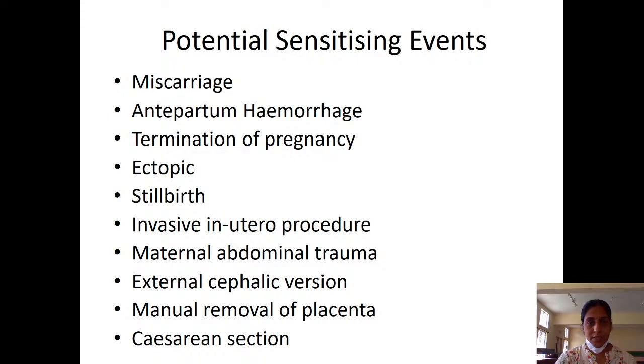Miscarriage, whether medical termination or spontaneous abortion; any antepartum hemorrhage like abruption of placenta or placenta previa; termination of pregnancy; ectopic pregnancy; hydatidiform mole; stillbirth; any invasive in utero procedure like amniocentesis or chorionic villus sampling; maternal abdominal trauma; external cephalic version; manual removal of placenta; cesarean section; or any increased hemorrhage.